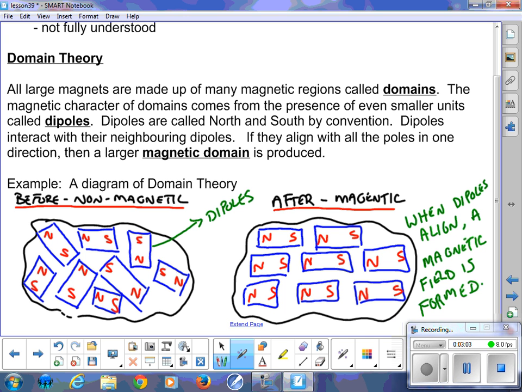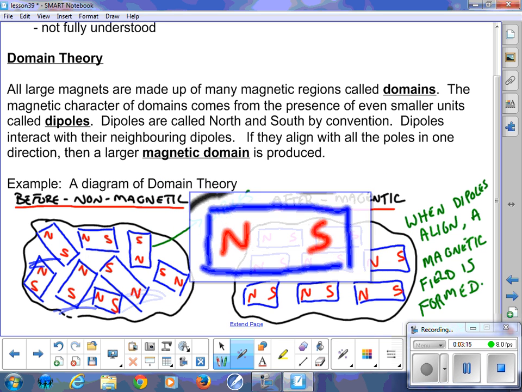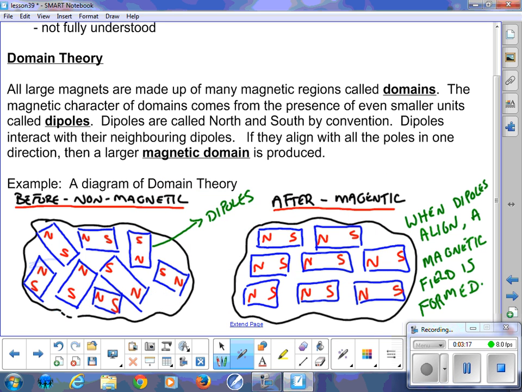Okay, so the diagram here illustrates how the dipoles or the domains are randomly arranged, and then all of a sudden they line up into kind of a matrix format. You can think of it in terms of it amplifying each dipole's magnetic field, or each domain's magnetic field strength.